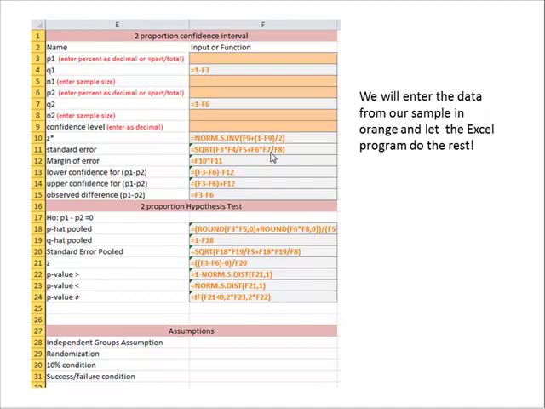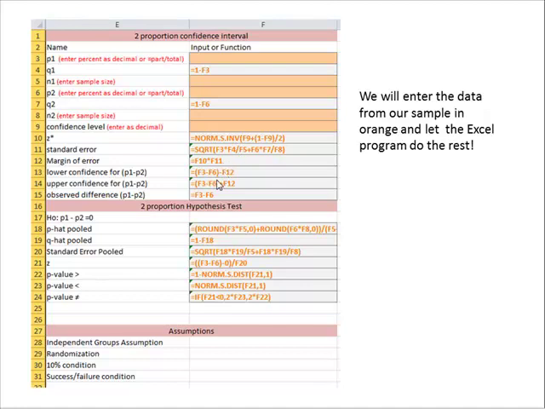And your standard error is going to be the square root of p1 times q1, so that's F3 times F4, divided by n1, which is F5, plus p2 times q2 divided by n2. Now your margin of error is just going to be your z star times your standard error, so that's F10 times F11.